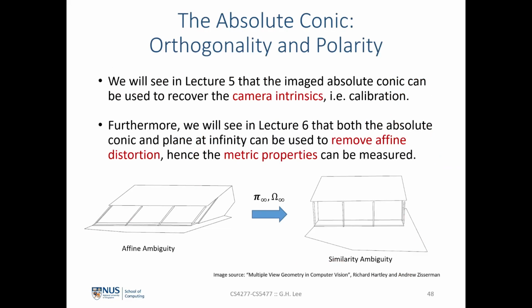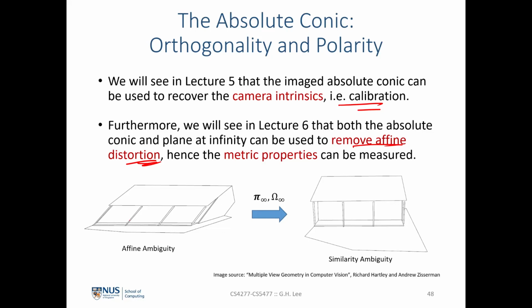We'll see in lecture 5 that this image of the absolute conic can be used to recover camera intrinsics, that is, to use it for calibration. Furthermore, we'll also see in lecture 6 that the absolute conic and the plane at infinity can be used to remove the affine distortion here.